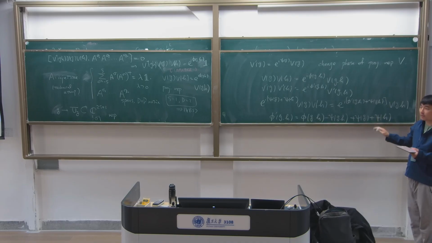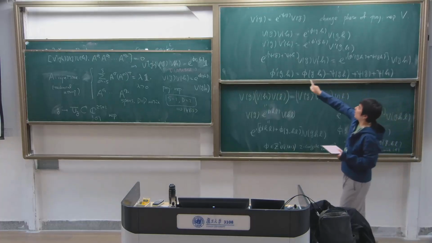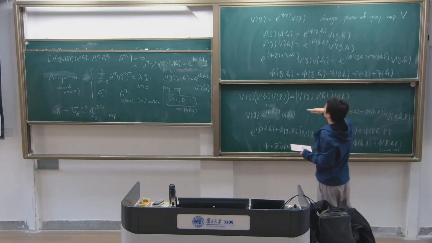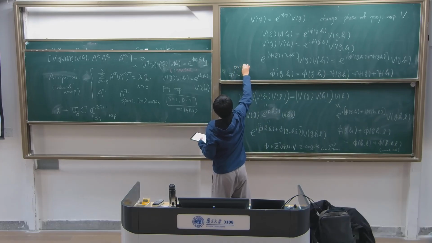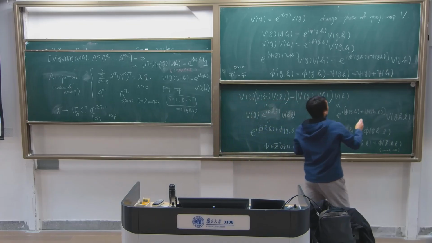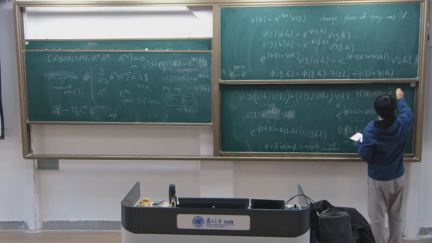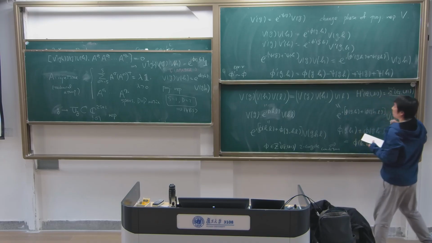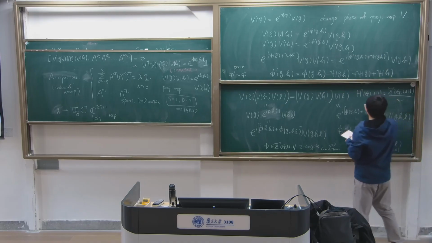So this gives you an equivalence relation. If they are related by this relation, then phi prime and phi are equivalent. Then H2 of G with U1 is the whole cocycle set divided by this equivalence relation. So this is called the second degree cohomology.